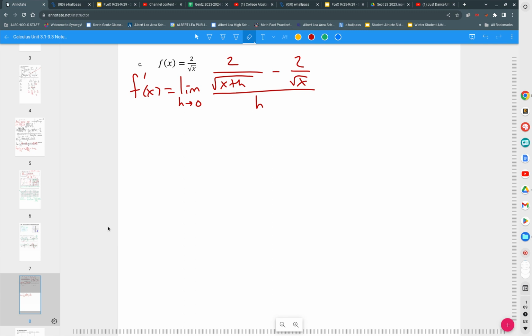All right, so complex fraction and radicals. Deal with the complex fraction first. Multiply top and bottom by root of x plus h over root of x plus h, and as Hannah said, this side by the root of x over the root of x.